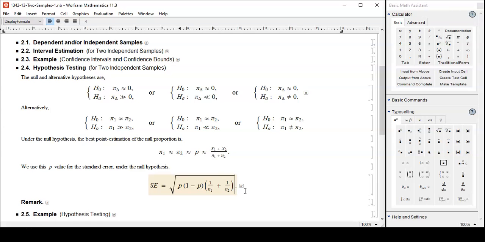But then again, what is this p? It turns out that p comes from this. So we have to somehow reconcile pi1 and pi2, which may be a little bit different, because under the null hypothesis, pi1 and pi2 must be approximately equal. So somehow I have to reconcile them. How do I do that?